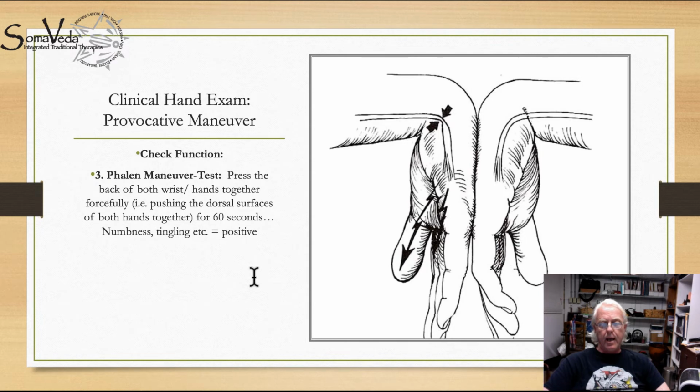Okay. Now you can see this nice little illustration here. The backs of the hands are pushed together. This is actually a position in the Thai Rishi Yoga, which I've included some videos of. And not only is this a provocative test called Phelan's test or Phelan maneuver to test for carpal tunnel syndrome, it is also a treatment.